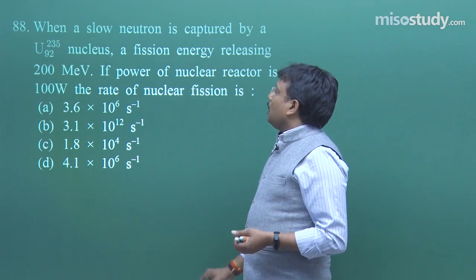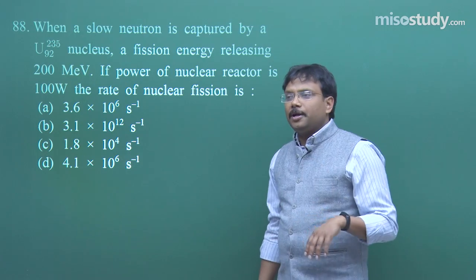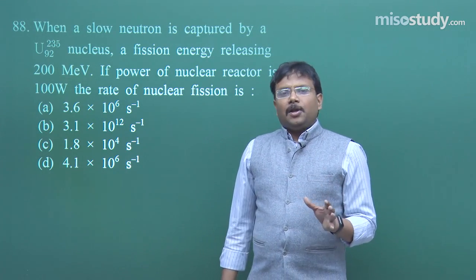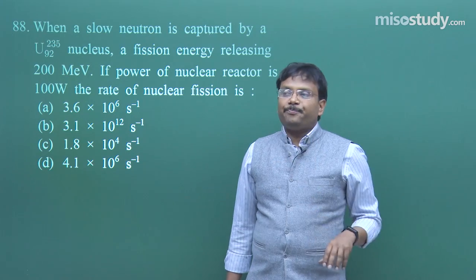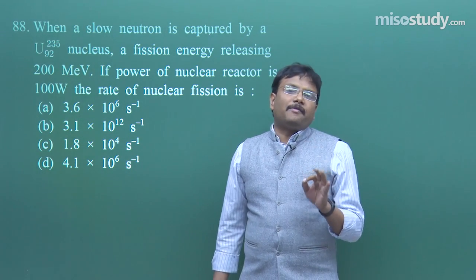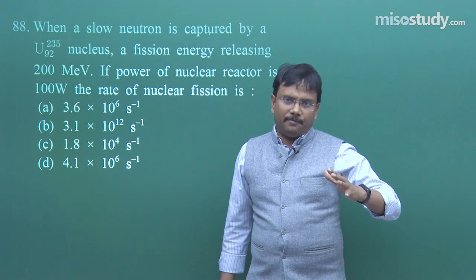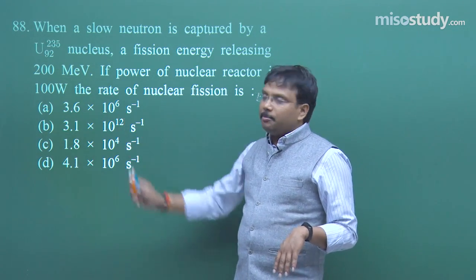Anyway, let us take a look at what exactly the problem is asking. A fission releasing 200 MeV. Actually, students, you should remember this. Nuclear fusion gives us clean energy. Each fusion provides us around 24 MeV, million electron volts, while each fission gives us 200 million electron volts.